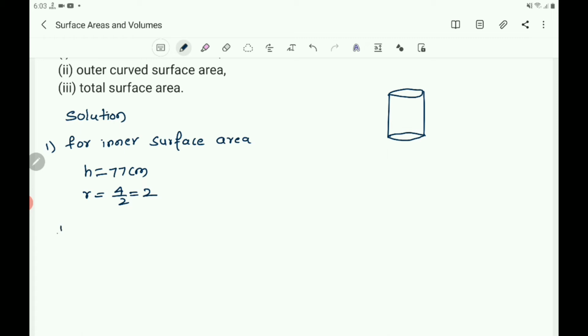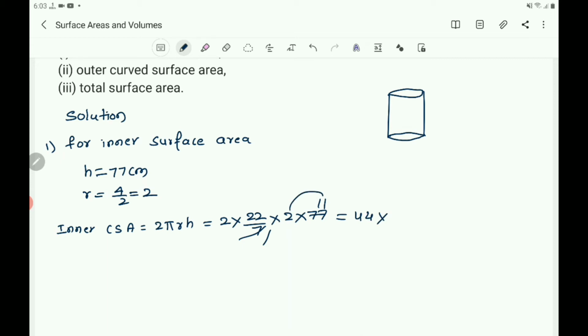Then you take inner CSA equals 2πrh, that equals 2 into π value 22 by 7 into r is 2, h is 77. 7 ones are 7, 11s are 11, then 2 22s are 44, into 11 2s are 22.